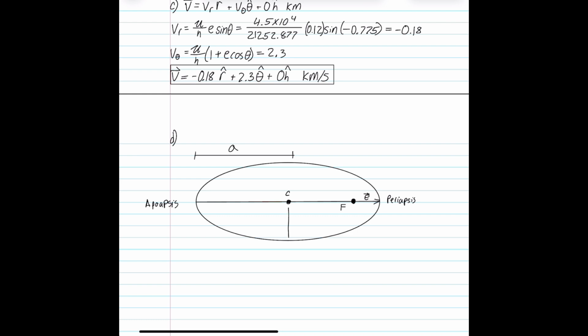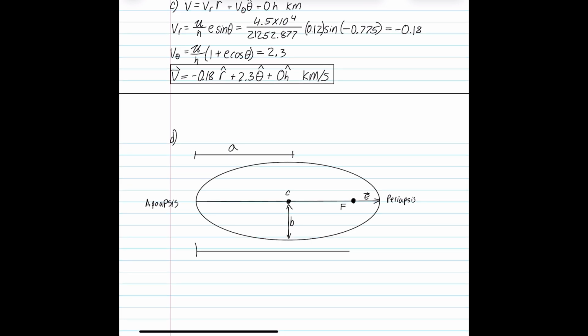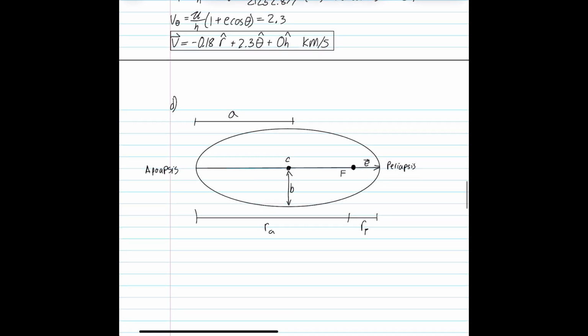Half of the long end of it is the semi-major axis, and half of the short end of it is the semi-minor axis. And then the distance from the focus to apoapsis is RA, focus to periapsis is RP. The distance from the focus to the orbit, that length, is P, and that's where mass 1 is.